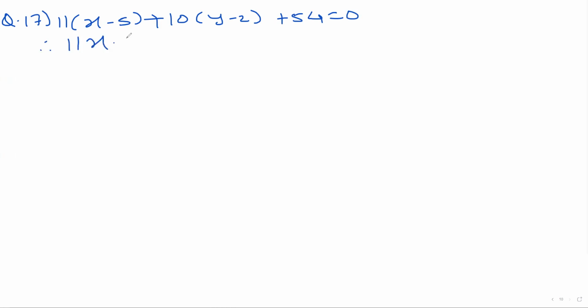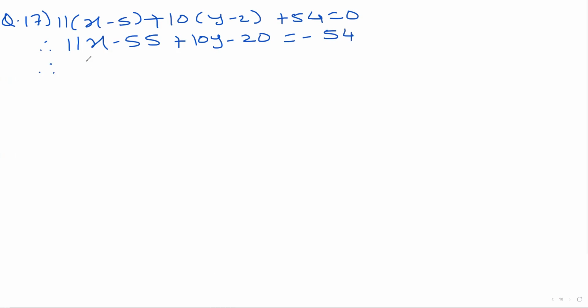Question 17. First of all, we have to simplify 11 into bracket x minus 5, correct, plus 10 into bracket y minus 2, correct, plus 54 is equal to 0. Okay, open the brackets, you get 11x minus 55 plus 10y minus 20 is equal to minus 54.